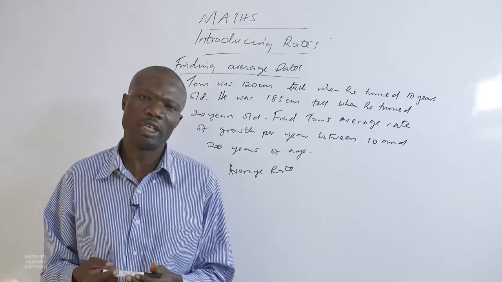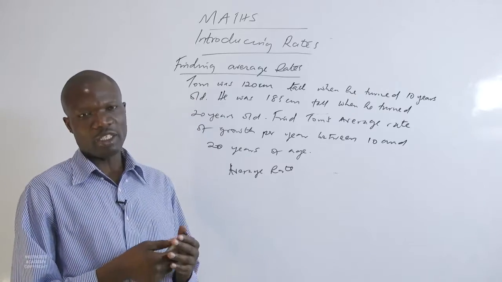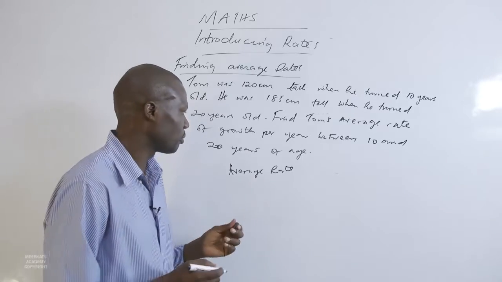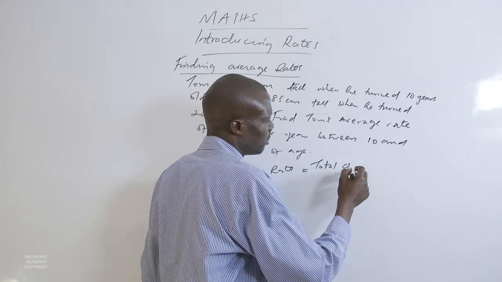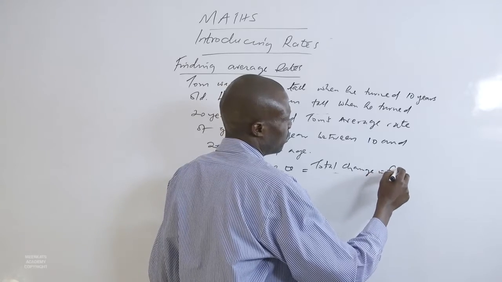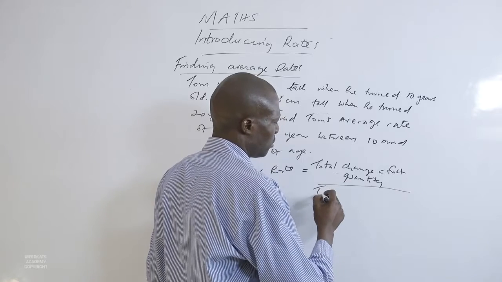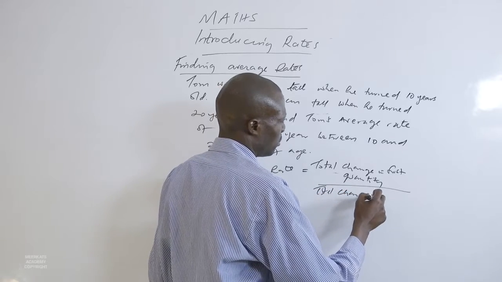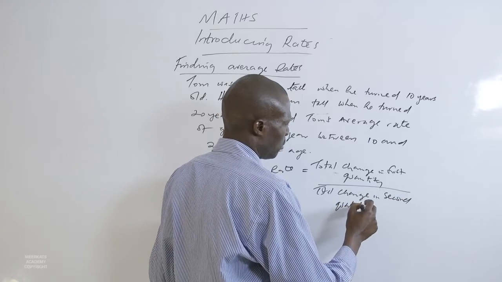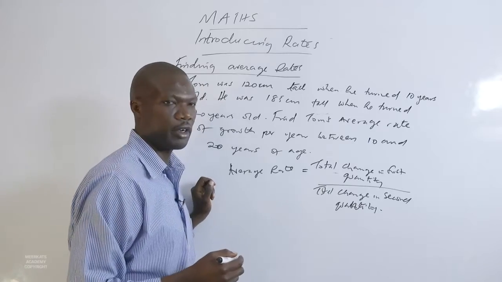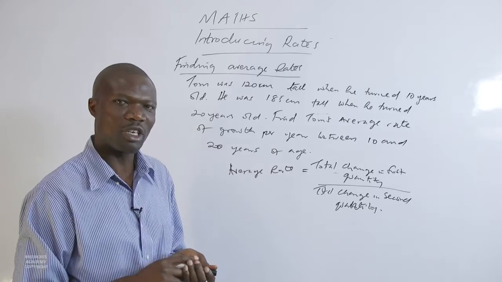The age was between 10 and 20 years. So here we shall first find out the change, because the average rate is total change in first quantity over total change in the second quantity. That is what an average rate is.